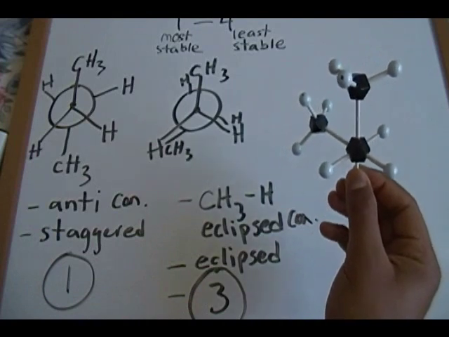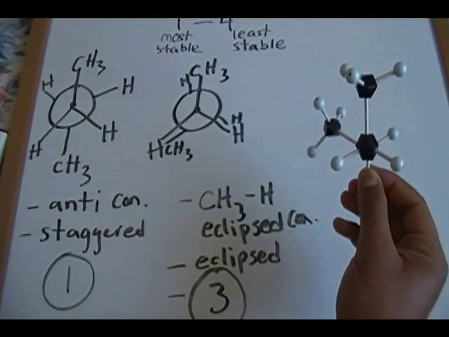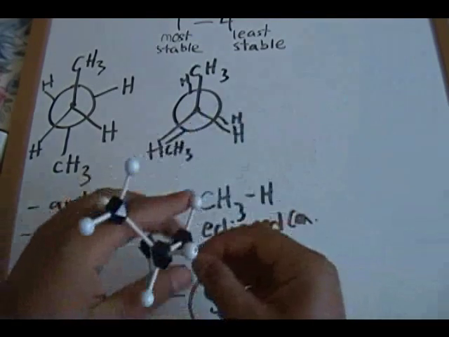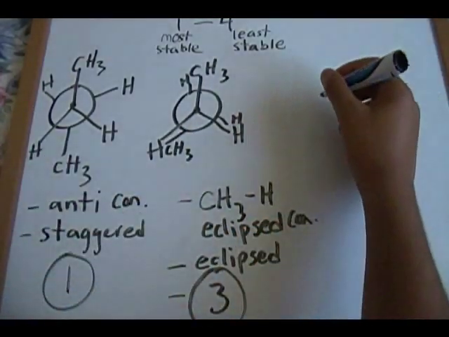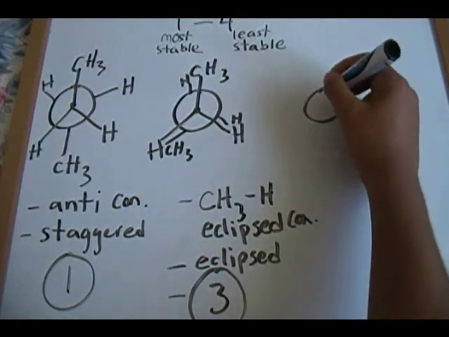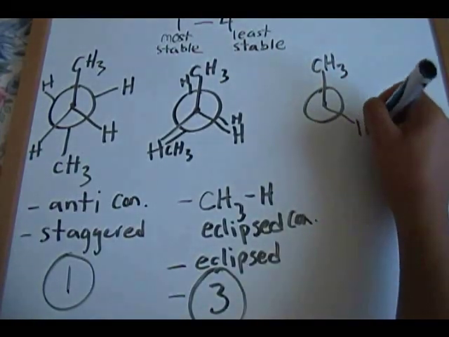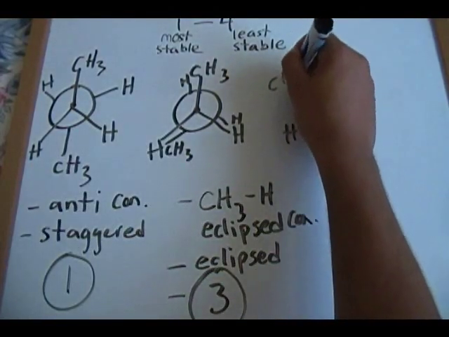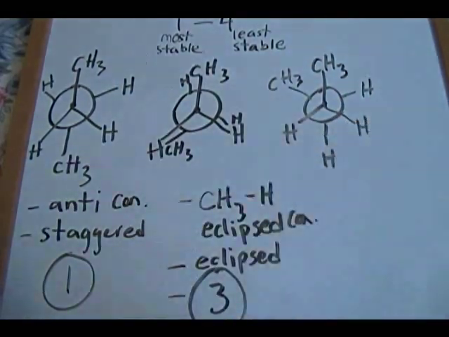So this is the next conformation for butane, and this is called the Gauche conformation. So let's draw this on the board. Here's your CH3, here's your H, here's your other H, there's your CH3 again, there's your H, H. Clearly this is staggered, right?